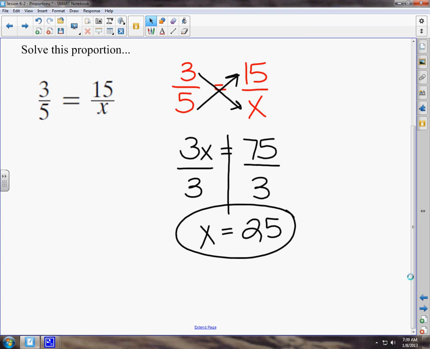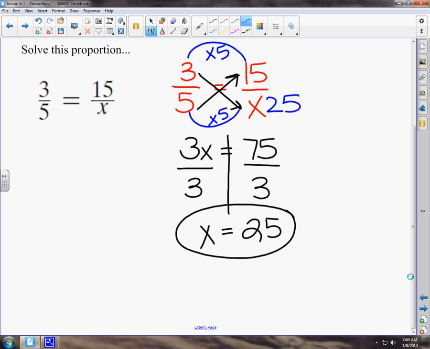If you can do it in your head like this one, was pretty simple, you can show your work by just saying, oh, 3 times 5 is 15, so 5 times 5 is 25. I don't care if you do that. However, if it's a little bit trickier, then you need to write out the algebraic equation. Write it out like this.